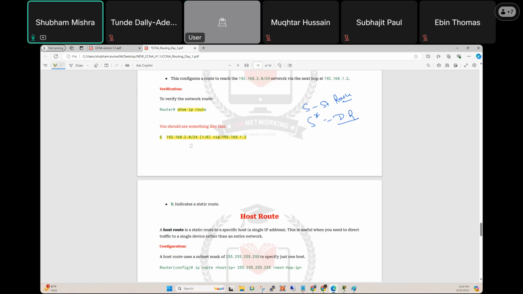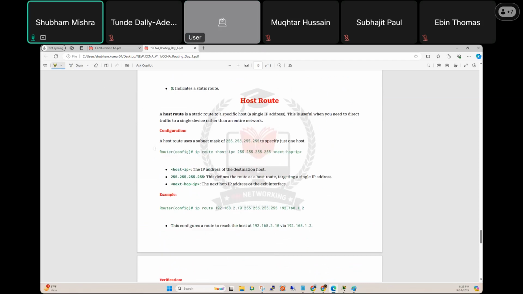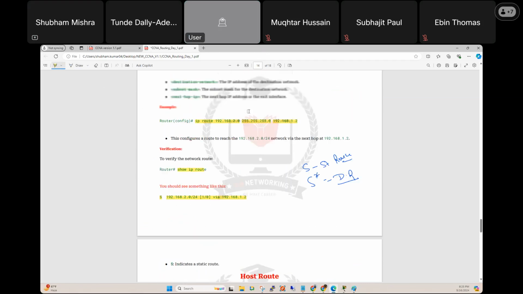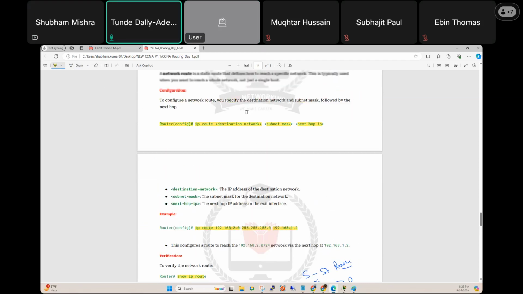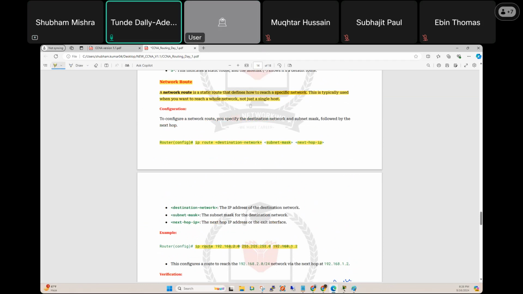Tell me, clear na? Now, hello, I want to ask a question now. Oh, now you said S is, go back to that diagram where you have S and S star. Now, you say if we are going to configure static routes, that means we are going to specify the IP address and the subnet mask, as you said, right?